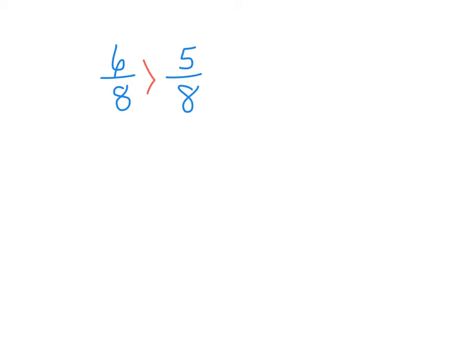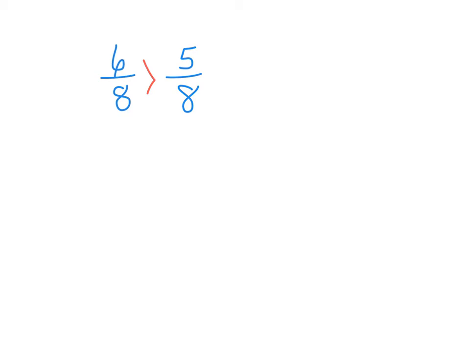Now, explain to your partner how to use the compare fractions with common denominator strategy to compare 6/8 and 5/8. Pause this video until you're ready. Okay, so how can we explain how to use the compare fractions with common denominator strategy?